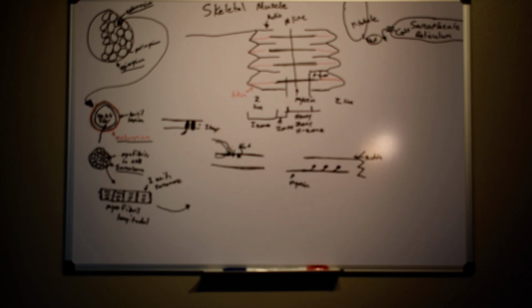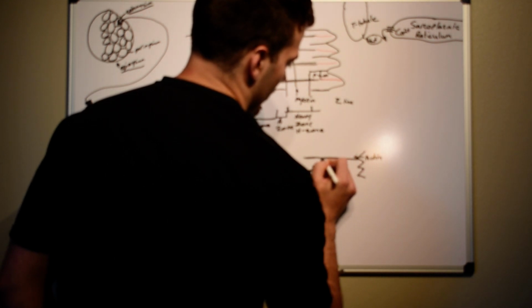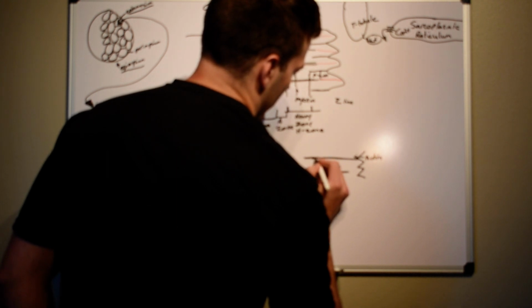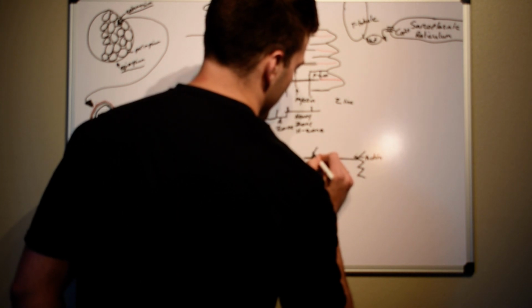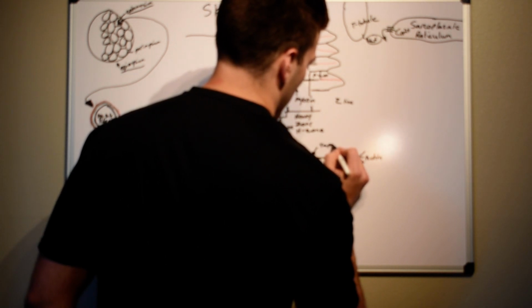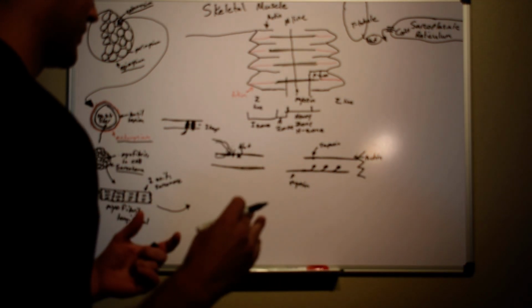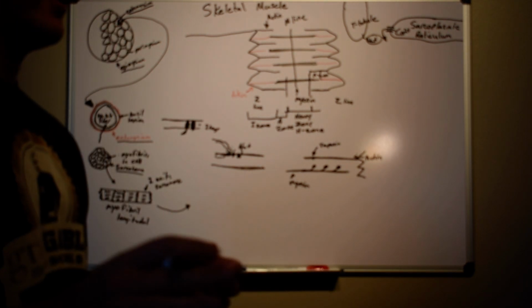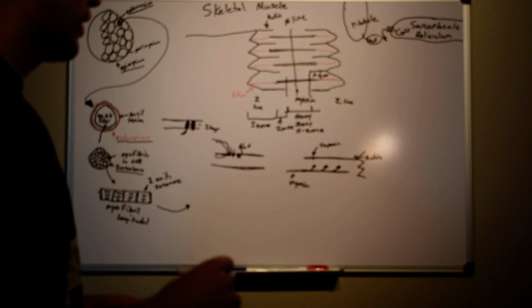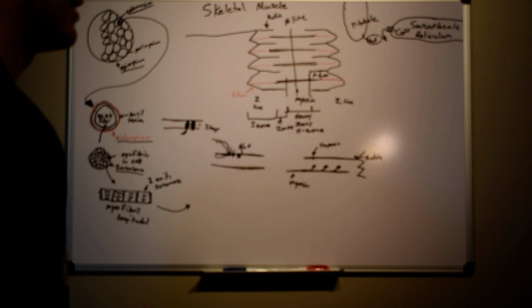We've got this place for calcium to bind on the actin thin filament. The place it binds is called troponin. So calcium is going to come in and bind the troponin. I can't really draw it because it's so small, but there are really good pictures of this on the internet if you want to look it up. It's just a molecule of calcium binding to this one specific site, and they call it troponin.